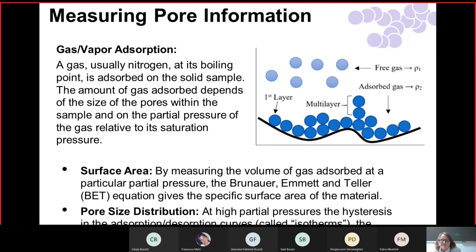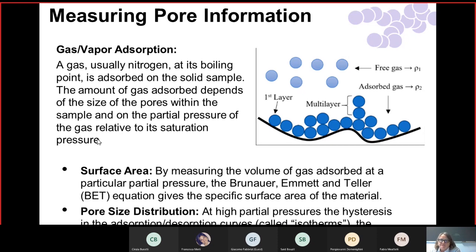Okay, so here's a layer of my solid, and I have my gas that will adsorb onto the surface. The amount of gas adsorbed will depend on the size of the pores in the sample and on the partial pressure of the gas relative to its saturation pressure.